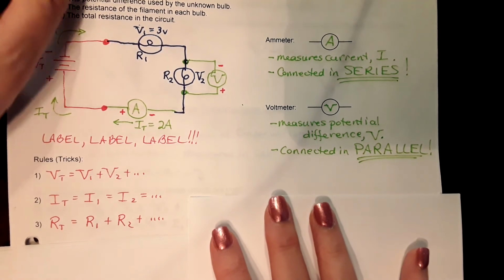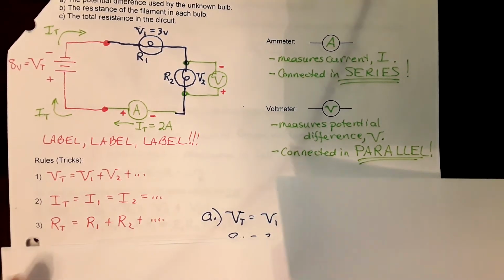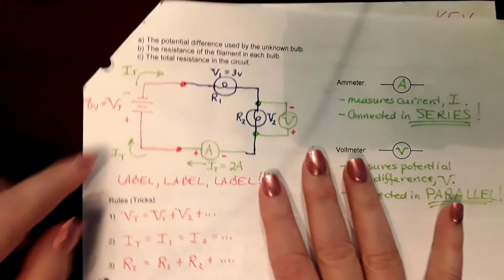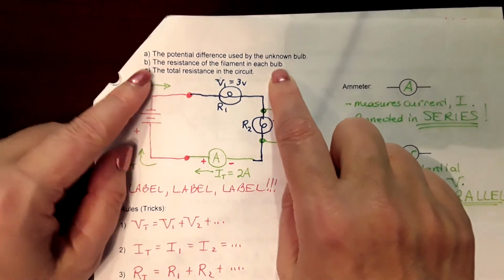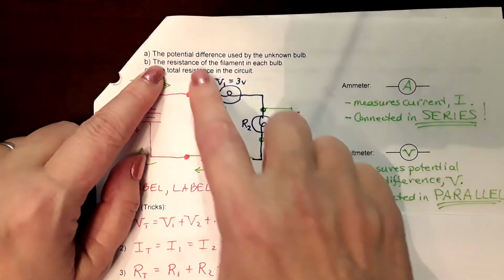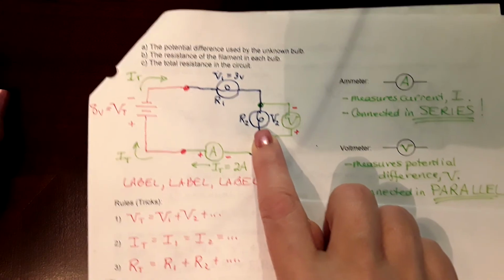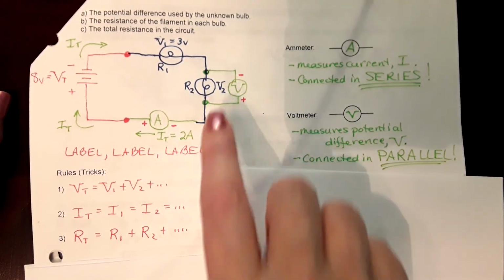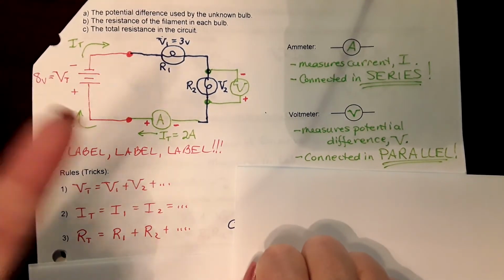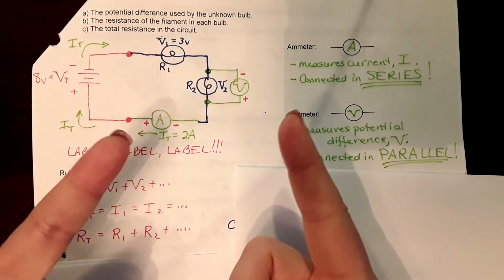All right. So now, let's take a look at this little problem. The first thing they want us to find is the potential difference used by this unknown bulb. Now we can do one of two things: we can use Ohm's law or we can use a trick.